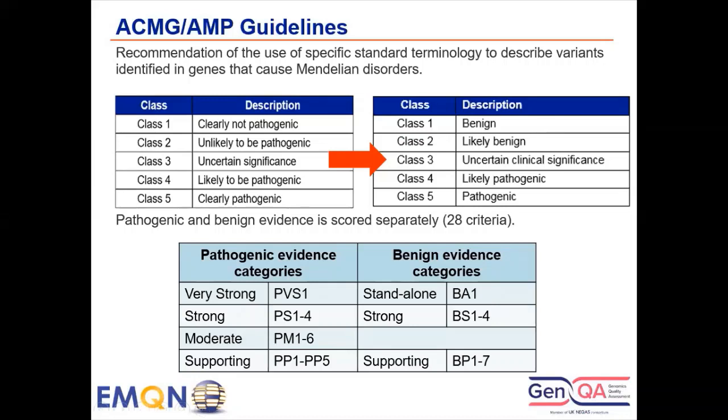So you can assume that variants that are very frequently identified in a healthy control population can be considered as benign. We also have criteria that are strongly suggestive of a benign variant, abbreviated as BS, and there are 4 criteria like that, and then furthermore there are 7 criteria that are supporting a benign effect.